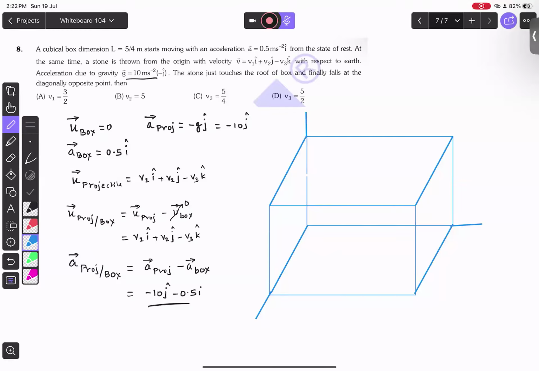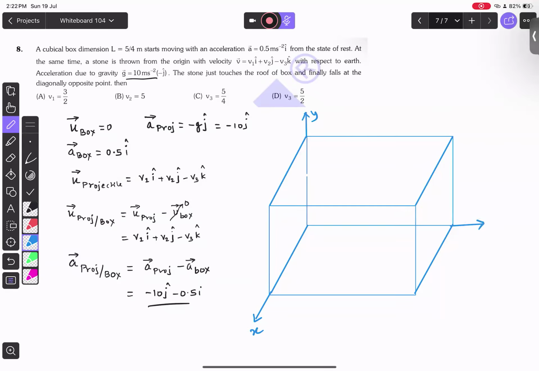Suppose I tell you, take this side as x, this as y, then tell me what this side will be, plus z or minus z?